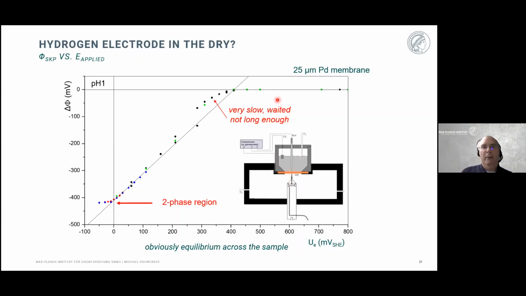As you can see, when we go step by step from high potentials where the activity of hydrogen is very low towards low potentials where we have a high hydrogen activity, there is a 1-by-1 relation between the potential applied here and the potential measured on the dry surface of the palladium on the other side. Up to a certain point where we don't have any response anymore.